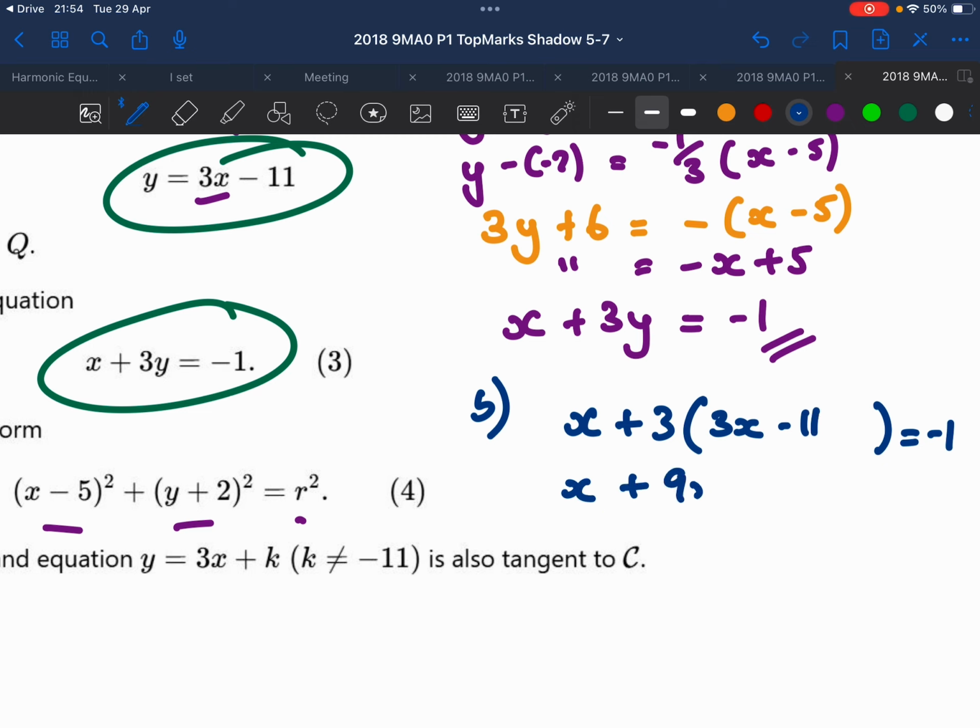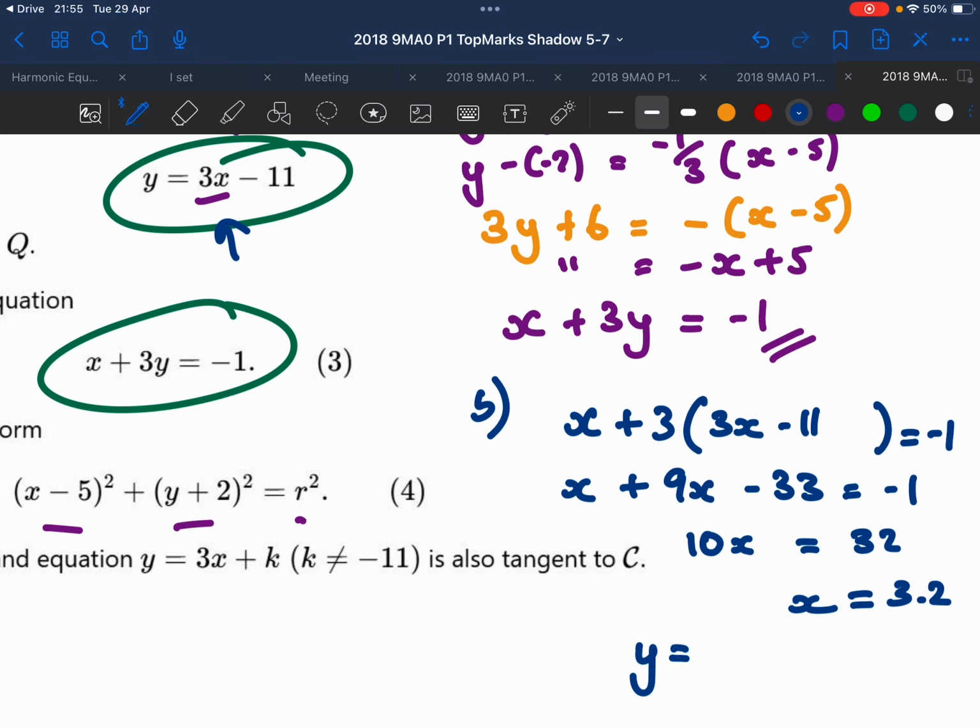So x plus 9x minus 33 equals minus 1. 10x then equals 32, I believe. So x equals 3.2.